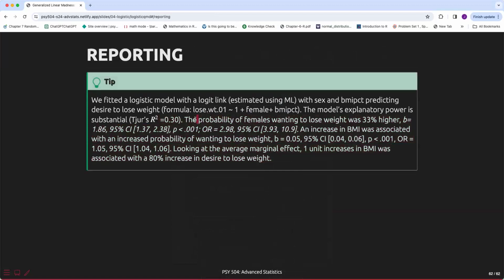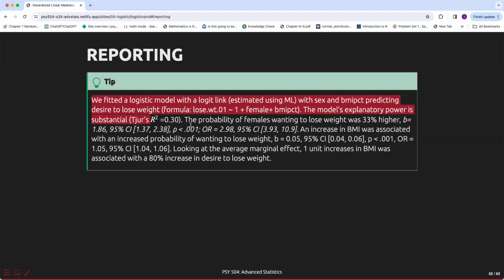And then lastly, what I wanted to talk about is reporting logistic regression results. So this is an example of how we can take the report function and weave it into something that's human readable and not something that sounds really clunky. So what I've done is I've taken the input from report and just added it into the prose of reporting.